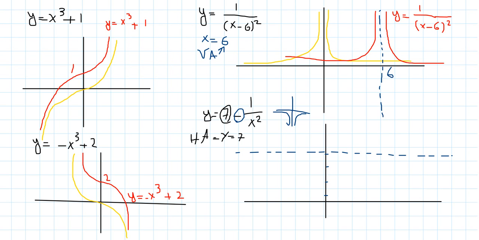Okay, now easily I try to draw it. y equals 7 minus 1 over x squared. Okay, let's go to another example.